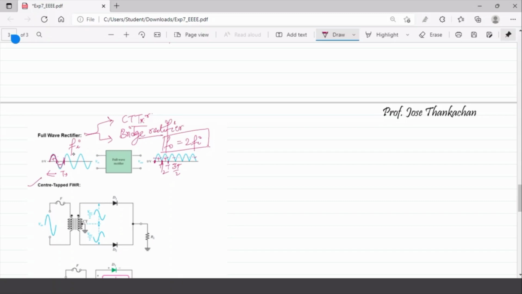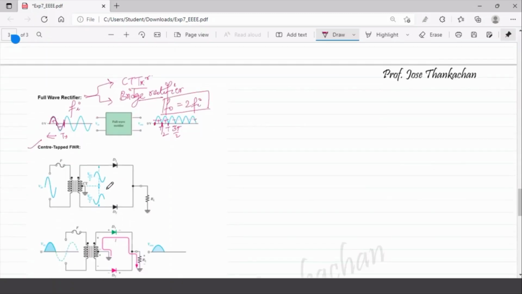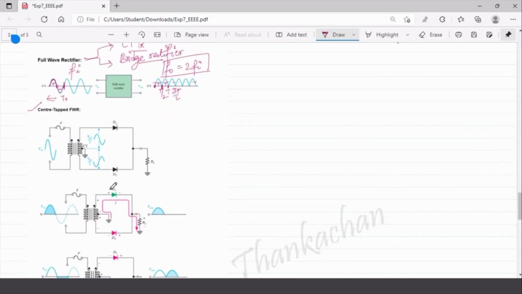Let us see. The center tapped full wave rectifier. What do we require? You can write down. It requires one center tapped transformer and 2 diodes.